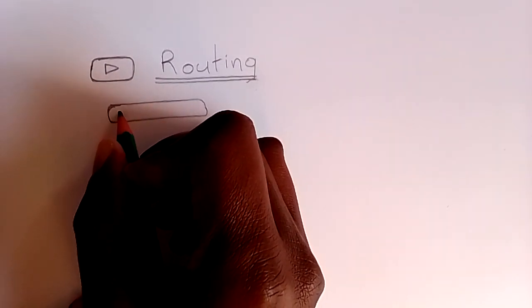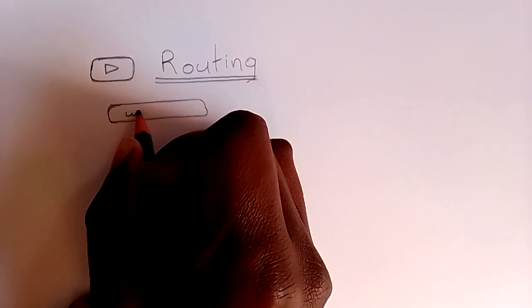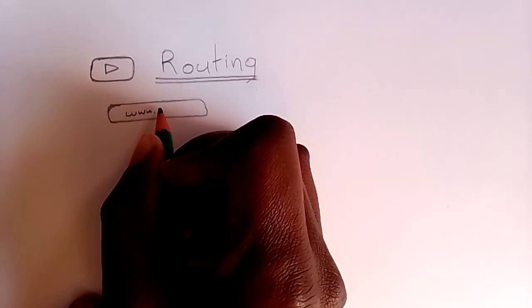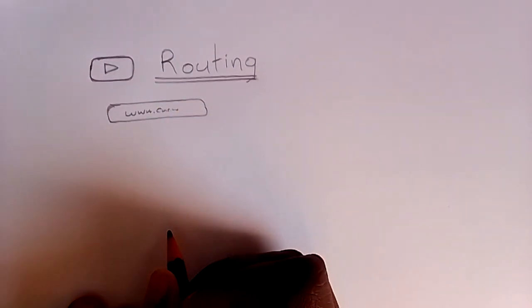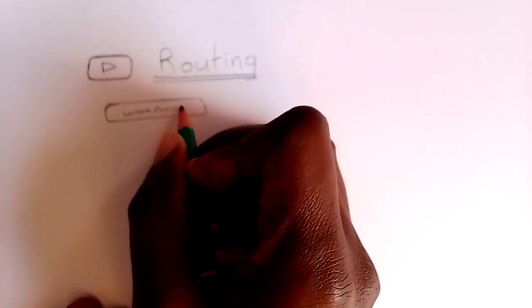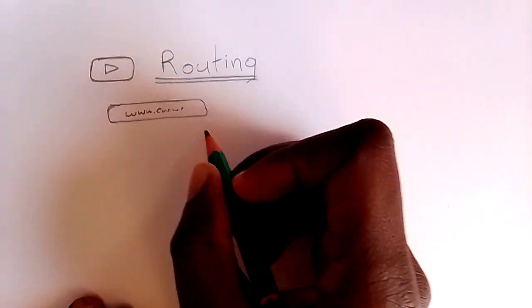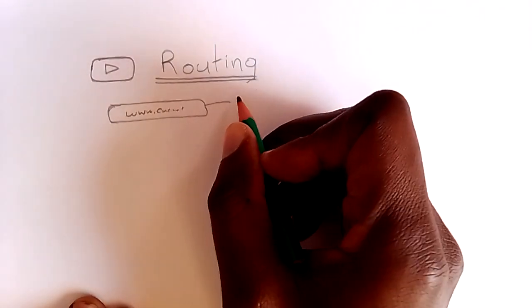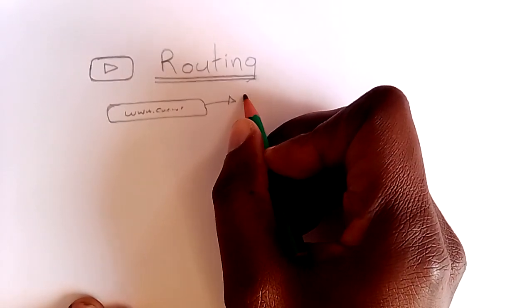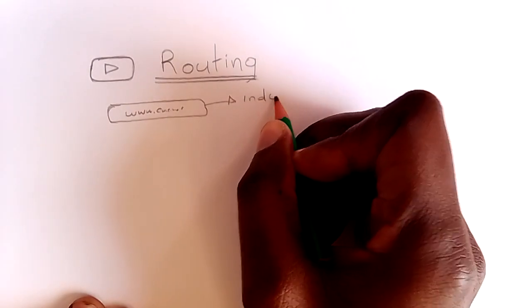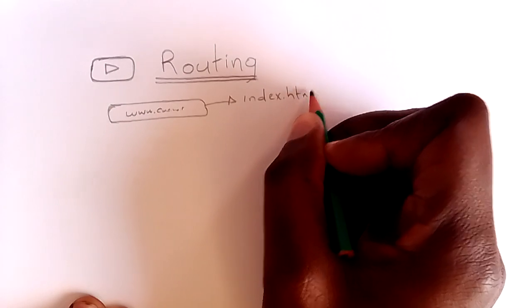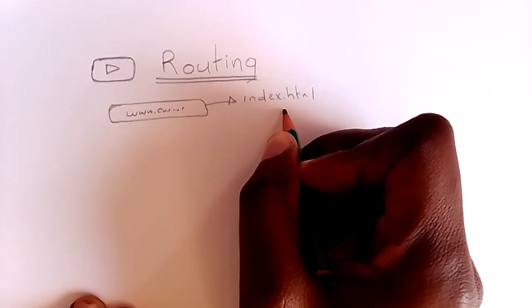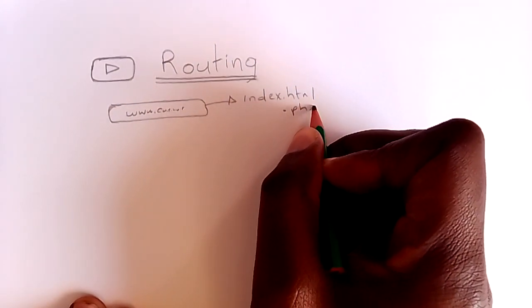So it will be something along the lines of www.codeddesign.co.za. Then when you get into codeddesign.co.za, automatically the server engine will execute a file called index. It's going to be .html or .php.